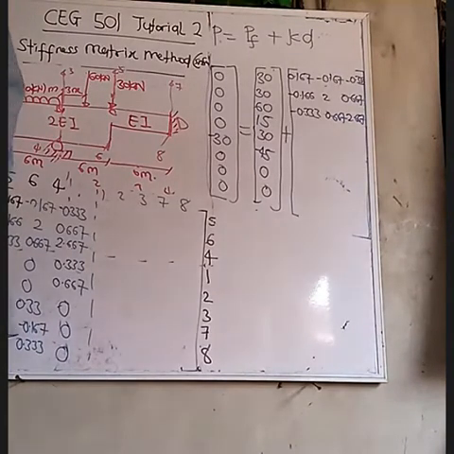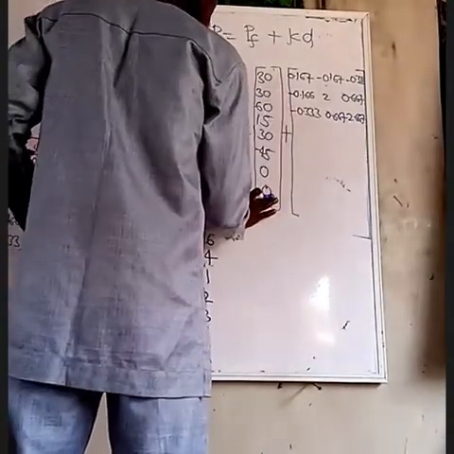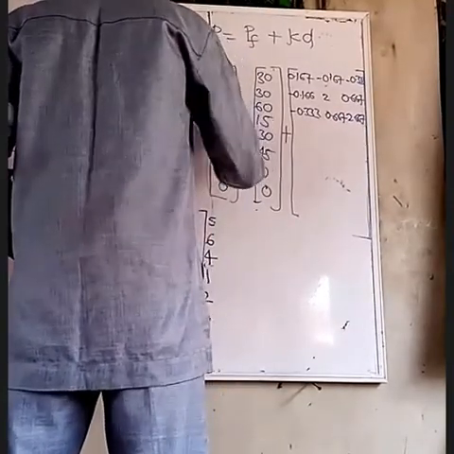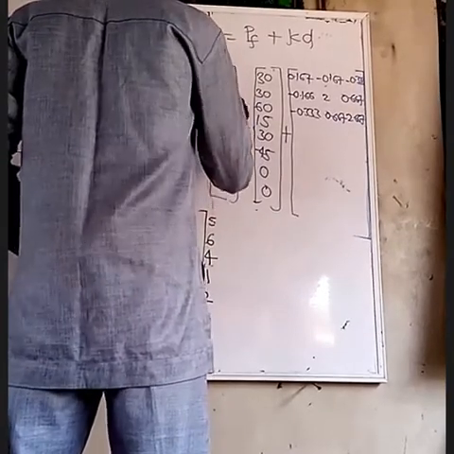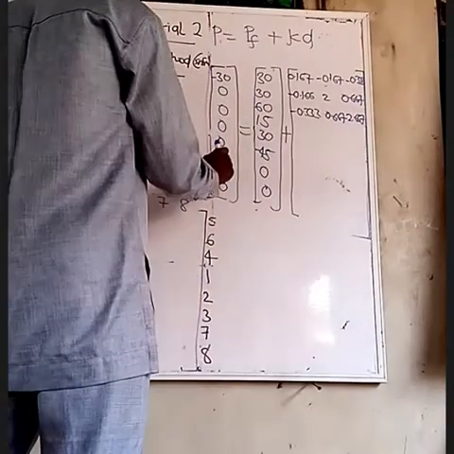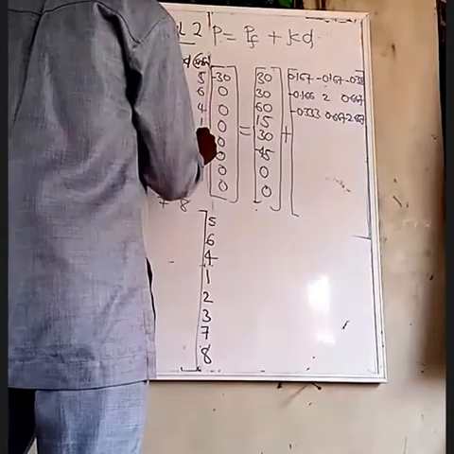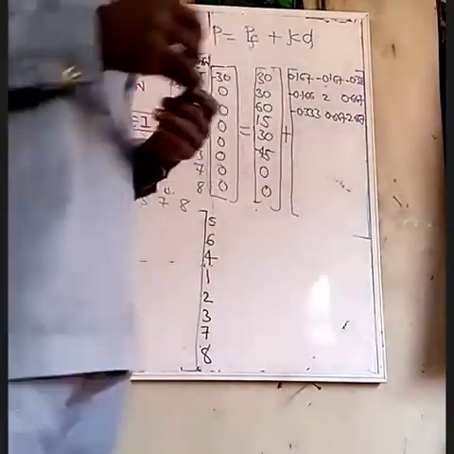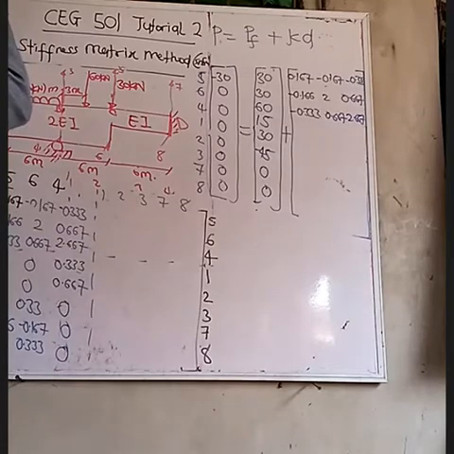So that's minus 30, then 0, 0, 2. We will do the same for this one. 5, 6, 4, what? 1, 2, 3, 7, 8.